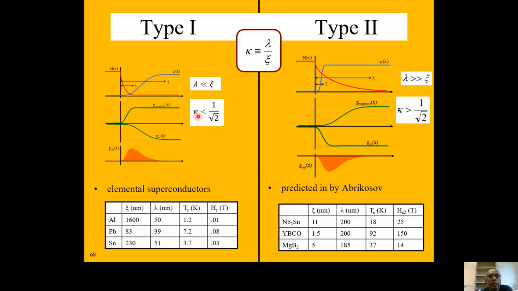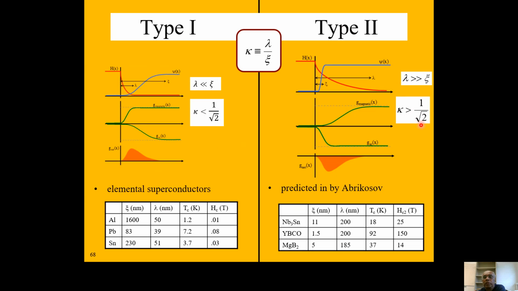We define the ratio kappa as lambda over xi. So kappa less than 1 over square root of 2, we call type 1 superconductors. In type 2 superconductors, where lambda is much larger, there you have a net energy gain in being in the superconducting state. That means if kappa is defined as lambda over xi, kappa is greater than 1 over square root of 2.